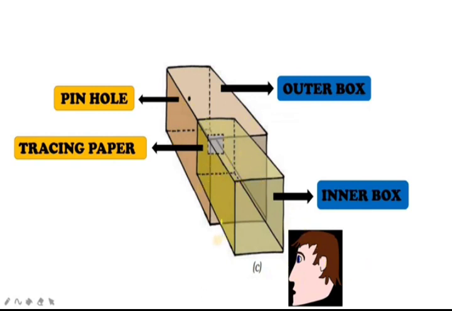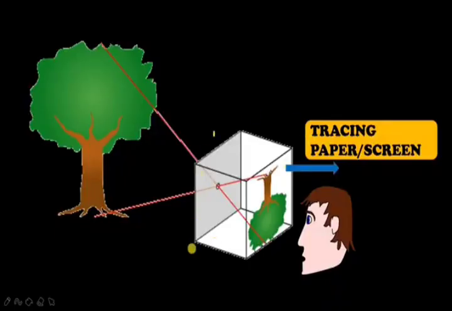By the time you are adjusting, you can see the image formation on the tracing paper, the inverted image will be formed on the tracing paper. When you adjust the small box, the light will pass through the pinhole. You know that light always travels in a straight line, right? So after that you will get a correct inverted picture.